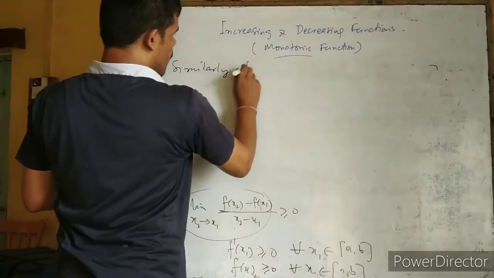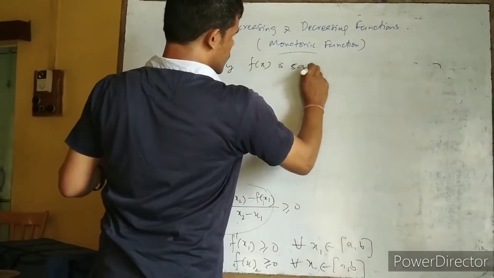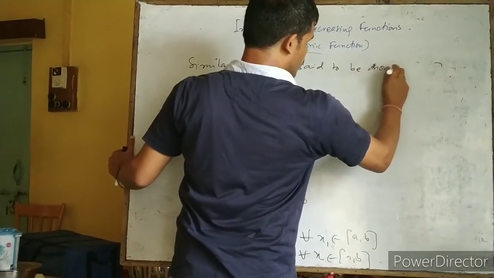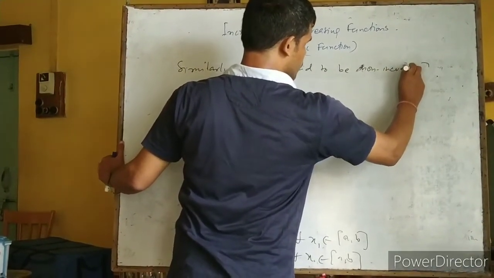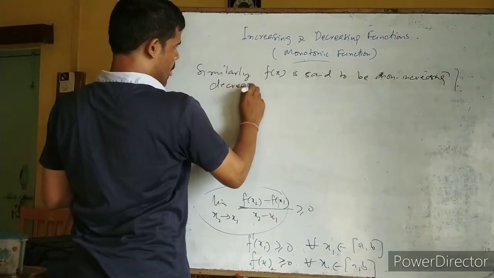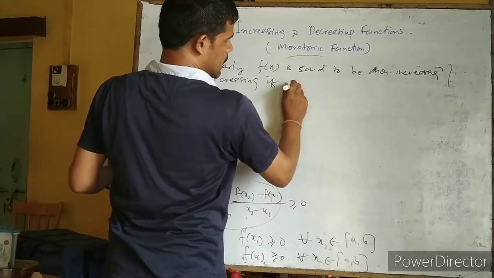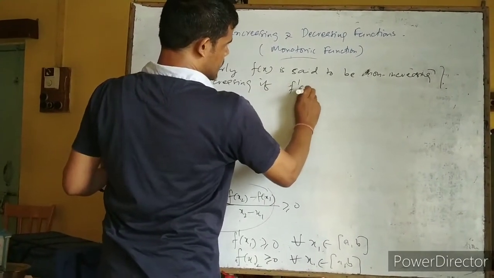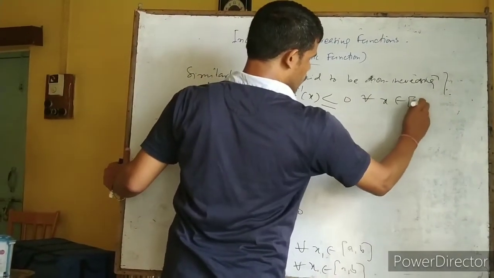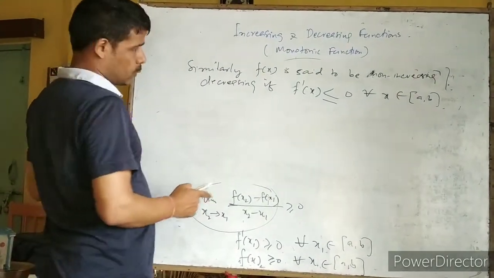Similarly, f(x) is said to be non-increasing, or we can say decreasing, if f dash x is less than or equal to 0 for all x belonging to A. Now look at its algebraic approach.